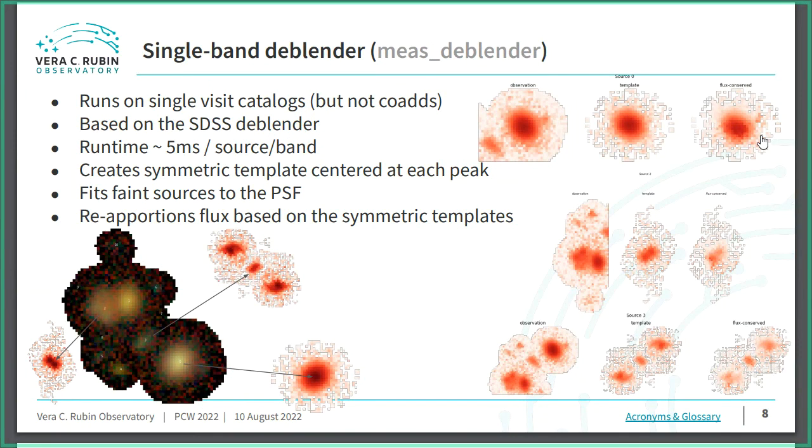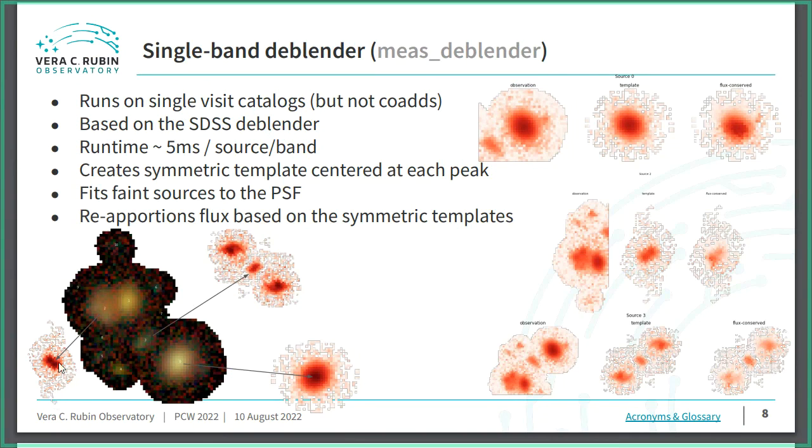If you look at this blend here in the bottom left, this is the symmetric template you would get from this source. It's essentially something that looks fairly close to what the source looks like.